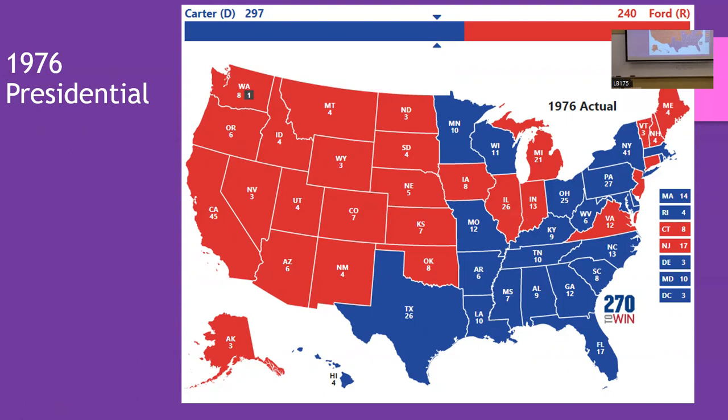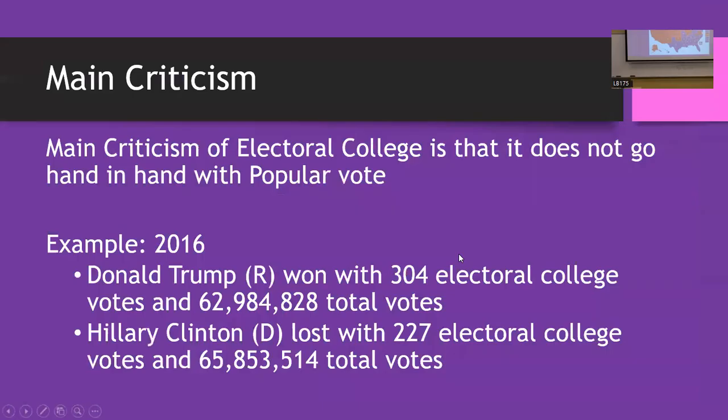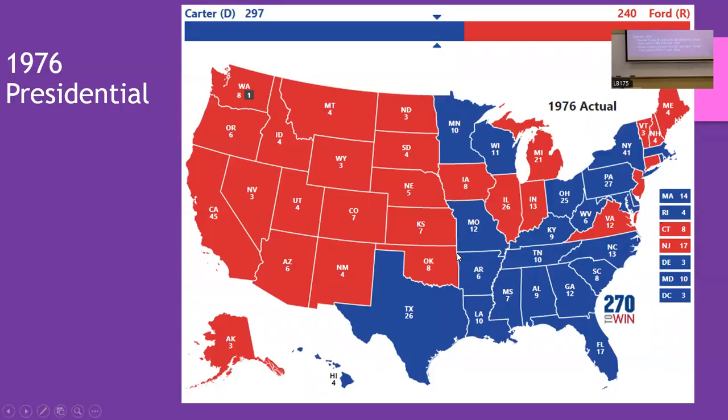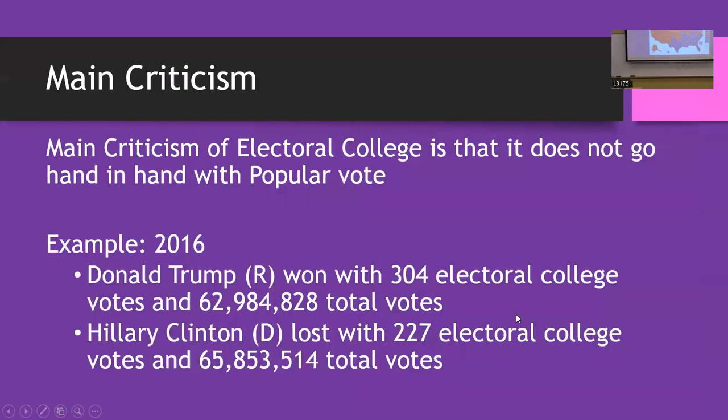Texas used to have 26. But again, it's been 270 to win for a long time, since we've had 435 representatives and 3 DC electoral college votes.